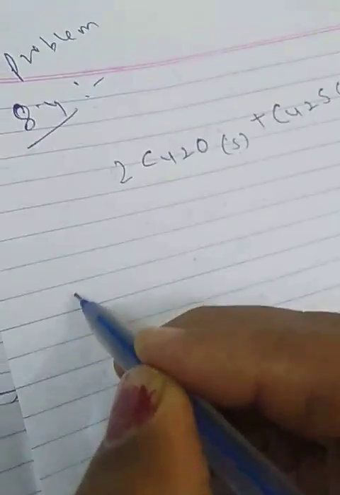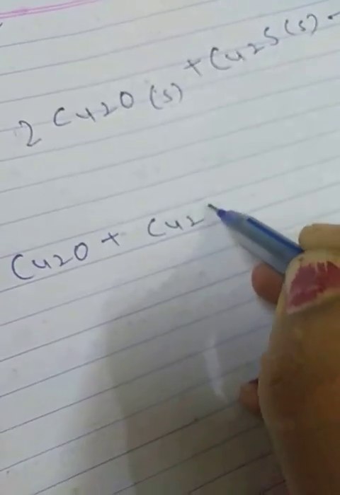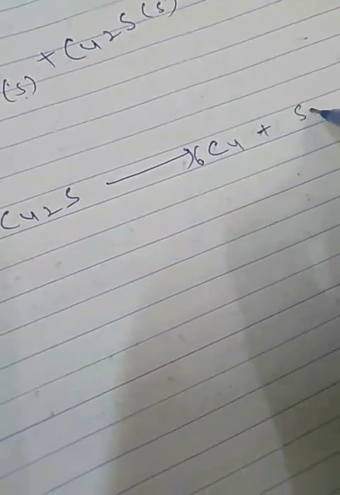I am writing the equation: Cu2O, which is given, in solid state, plus Cu2S, converts to 6Cu plus SO2 gas.